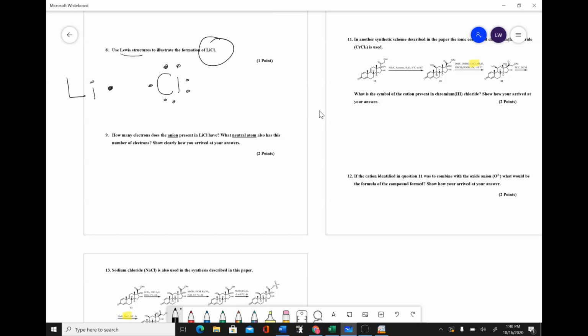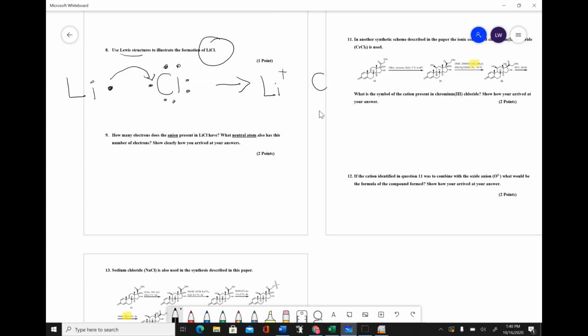When an ionic compound forms, one or more electrons will move from the metal atom to the non-metal atom. In this case, one electron moves over from the lithium to the chlorine, and that leaves the lithium with a +1 charge. It becomes a cation.